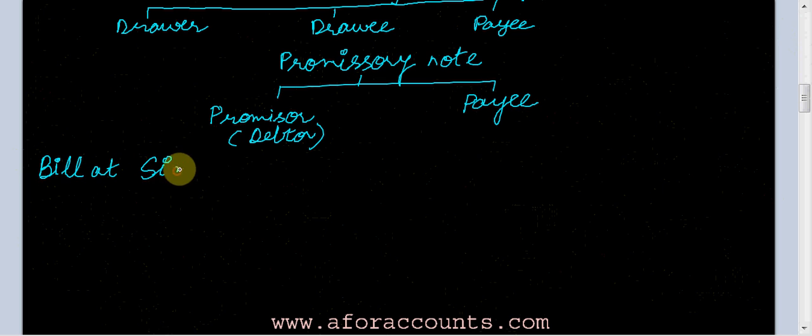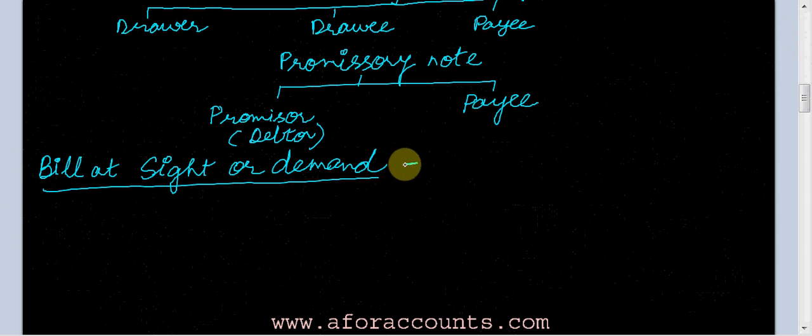Now, what is bill at sight or demand? Have you ever seen a check? When I go to the bank and show a check, will they say there are 3 days of grace? No. On showing the check, the bank has to pay.